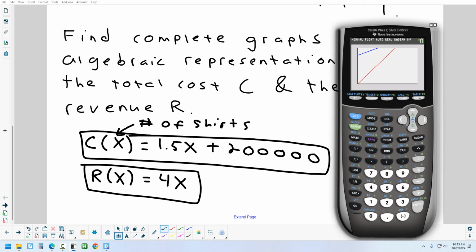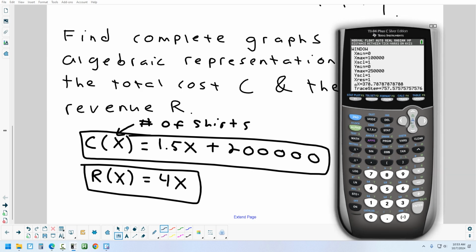Okay, well, it's better, but what do I need to set higher now? The Y max. Yeah, I would set the Y max higher. I don't know, let's try 400,000. Okay, I think that'll be good. There's my costs. There's my revenue. Yep, that's good.